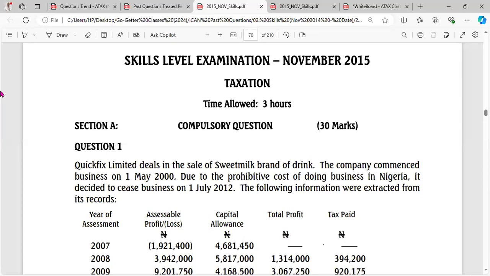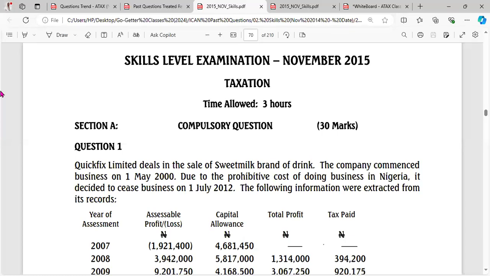But in your professional level, it is possible that you may have to apply the knowledge of carry back. You may be in a position to advise a company, write a memo, and advise them on what to do. And you may be surprised that you will be dealing with carry back. It's possible. And I said before, capital allowance questions are always time consuming.